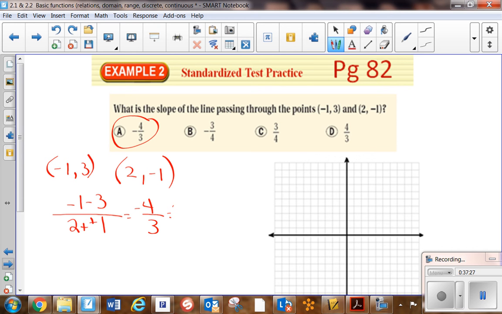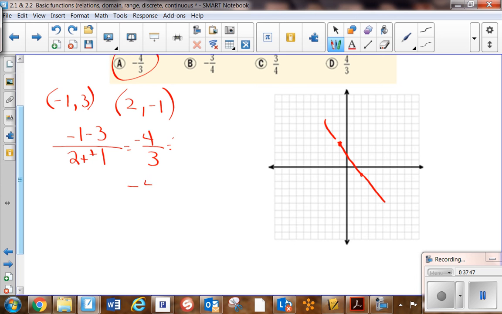Okay, so, if I were to graph these two, -1, 3 would be here, and 2, -1 would be here. And if I drew a line between them, then I could rise 1, 2, 3, 4, and go to the left 1, 2, 3, that's 4, -3. Bingo, got it right. Does it matter? Is this the same as this? Yes.